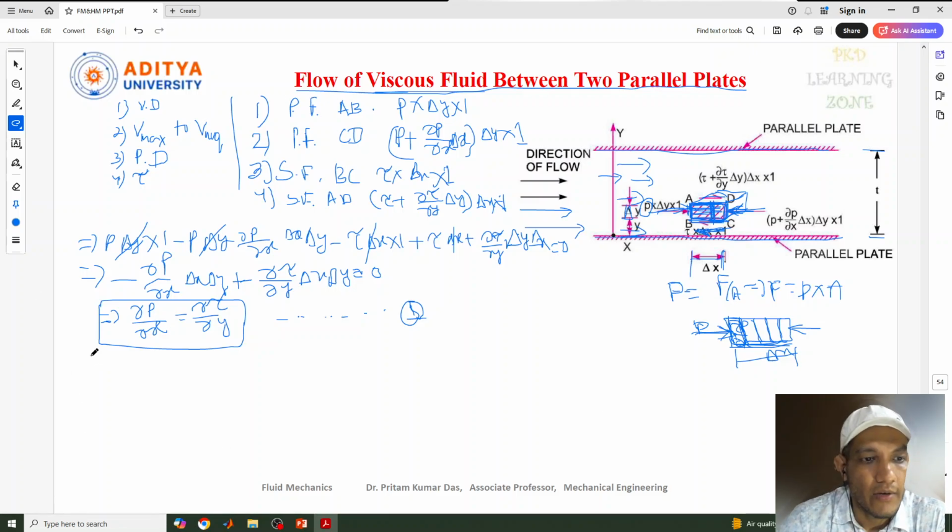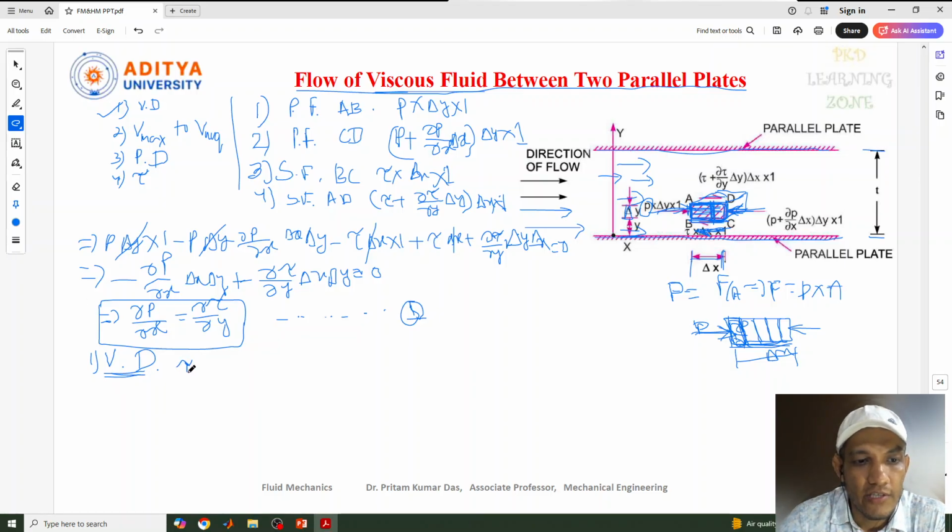First, you can see the velocity distribution. So the velocity distribution in the two parallel plates that we have taken here. To obtain this velocity distribution along the section, the value of shear stress needs to be considered.